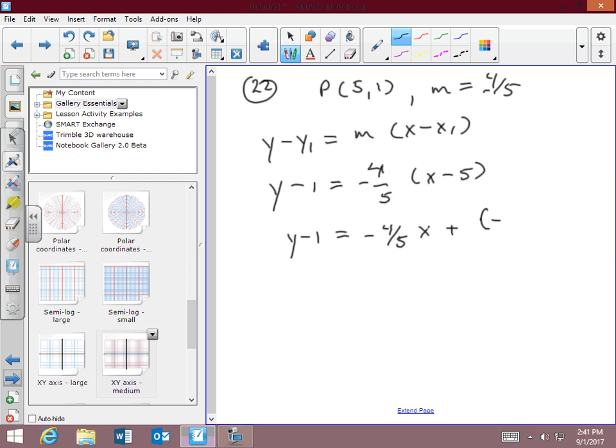I did them. I should not have done it that way because it doesn't show you what it is. It's a minus 4/5 times 5. I was multiplying it out already.